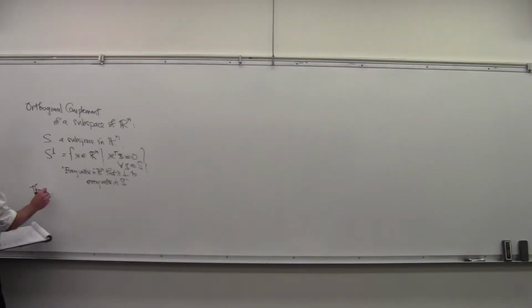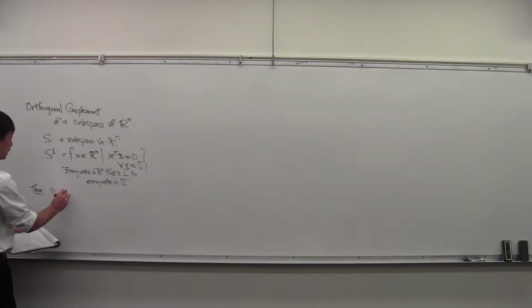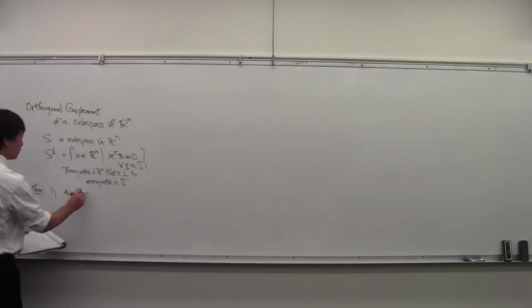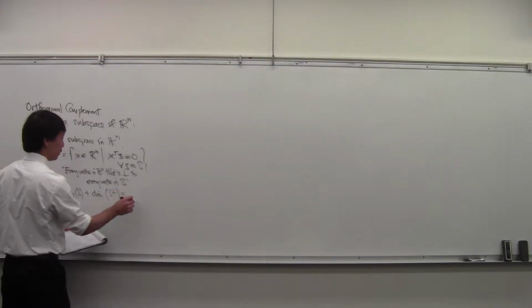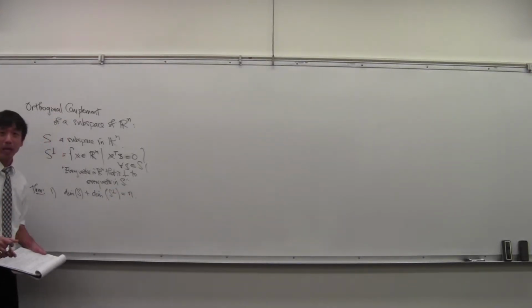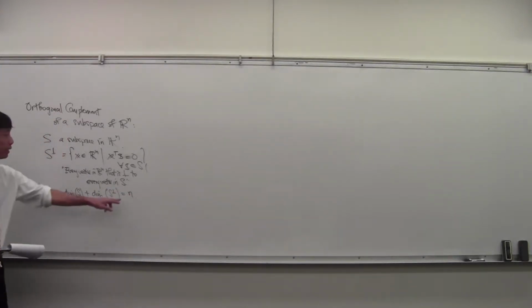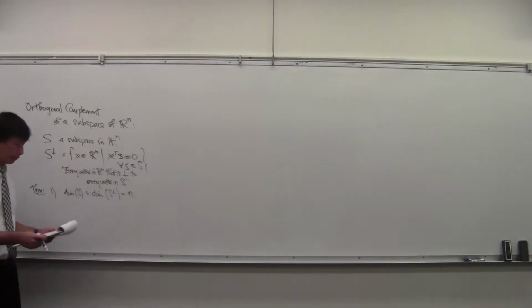One, the dimension of the subspace plus the dimension of the orthogonal complement equals the dimension of the ambient space, n, if we're in Rn.